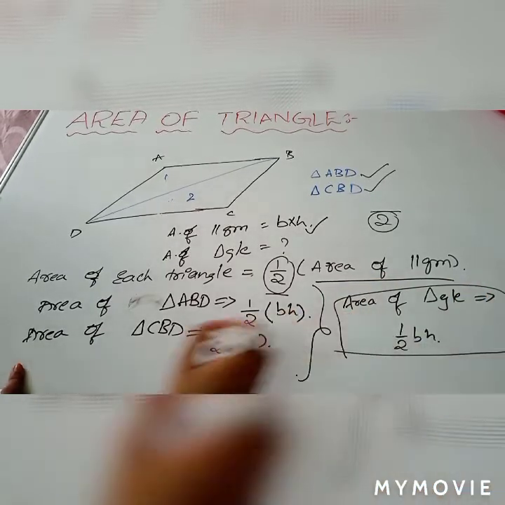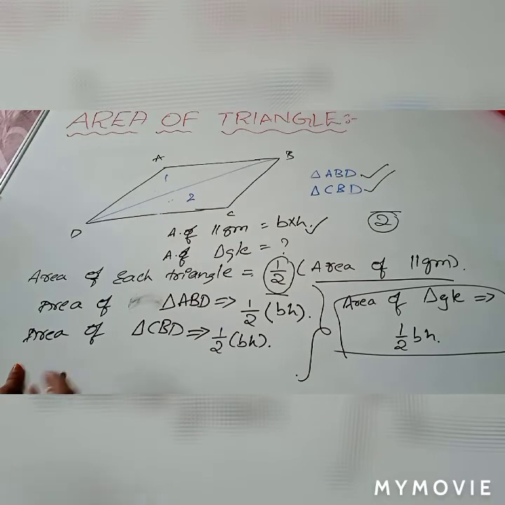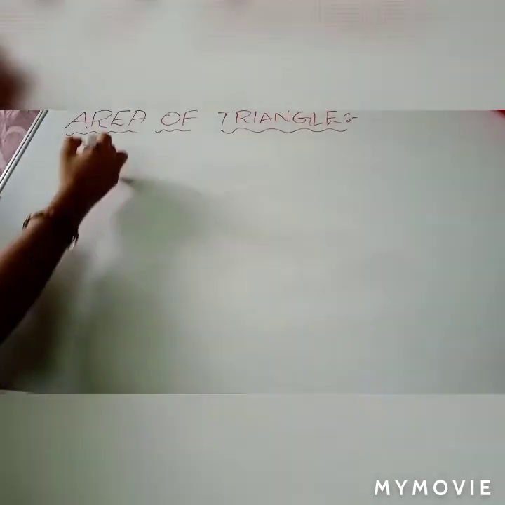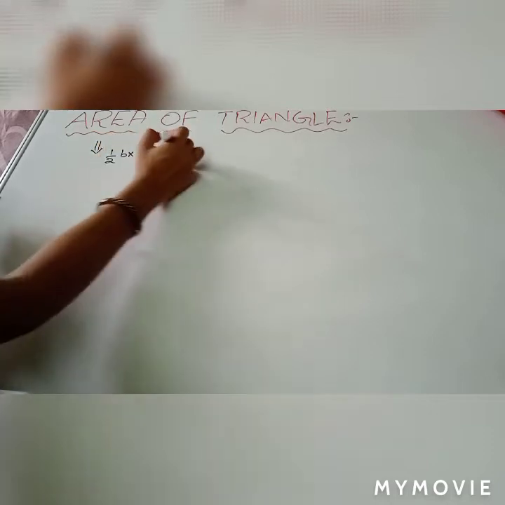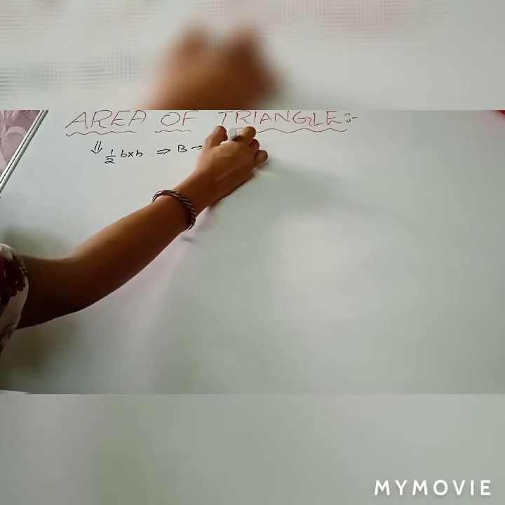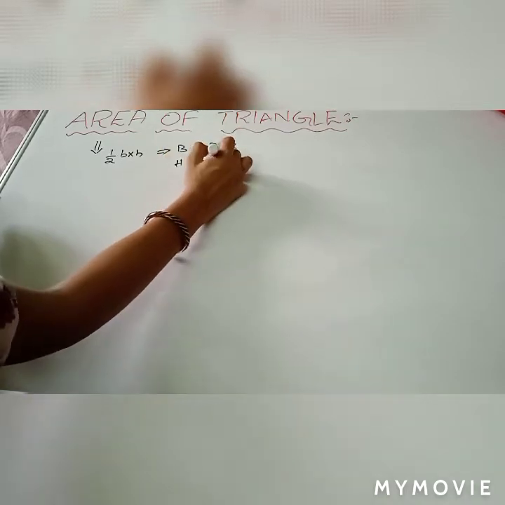Okay. So what is the formula for area of triangle? The formula for area of triangle is half into B into H. And here B is base and H is height.